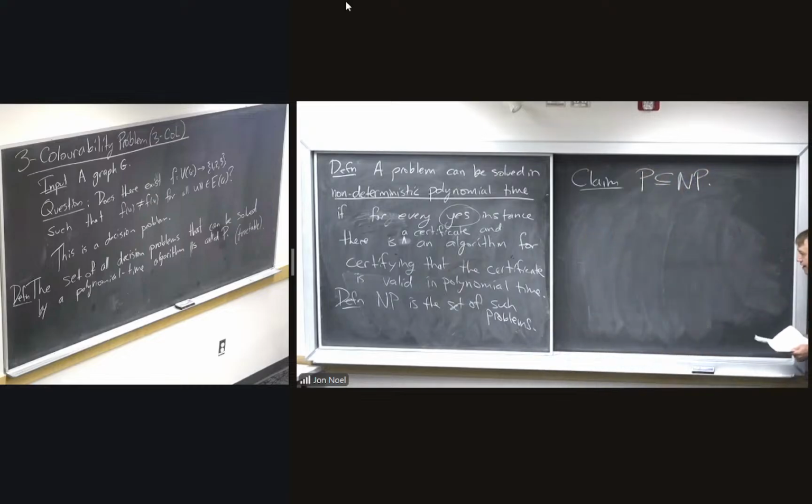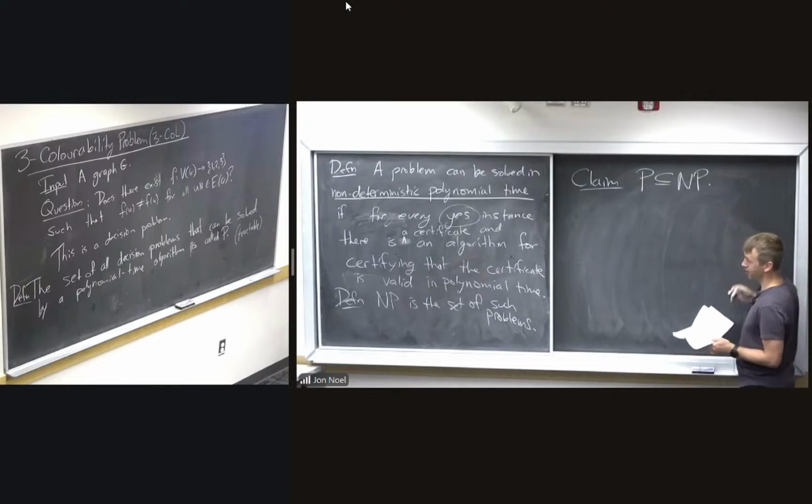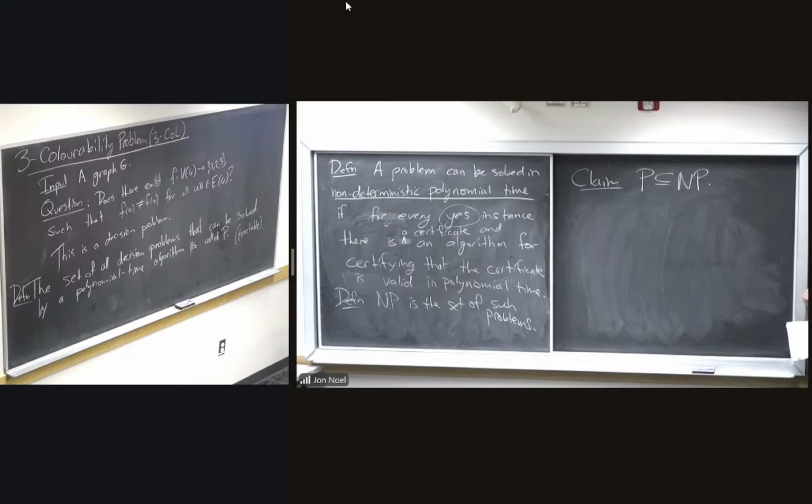So I claim that P is a subset of NP. Anything that has a polynomial time algorithm is also solvable in non-deterministic polynomial time. So every yes instance has a certificate that can be checked in polynomial time.